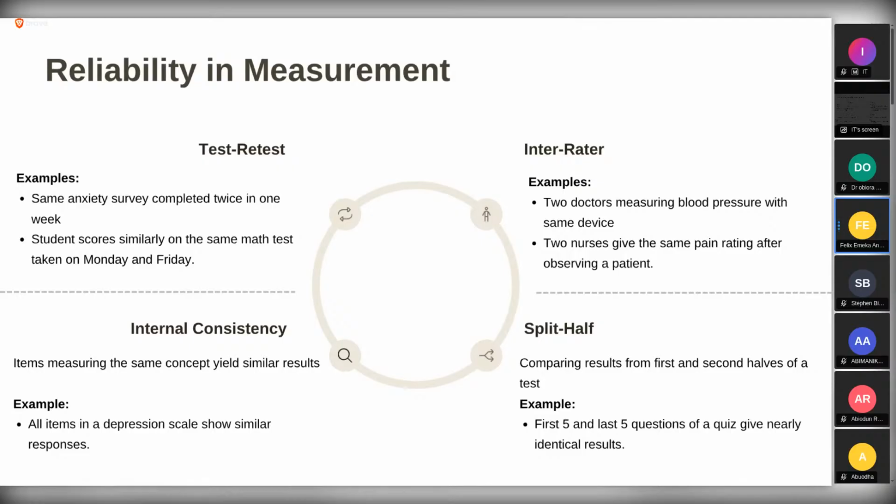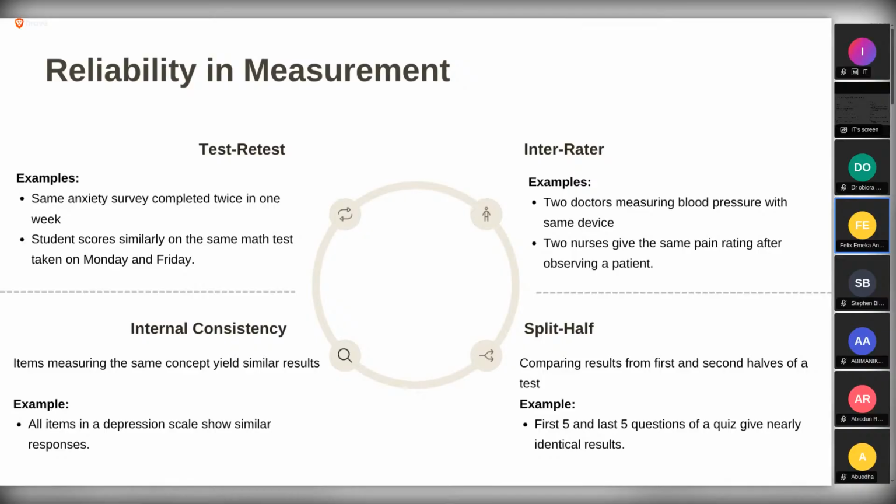All right, what is the test-retest? An example is you have an anxiety survey, and the anxiety survey tool you have designed is supposed to measure if they have anxiety or not. So what you do is give the same participant the tool, and they fill it in.